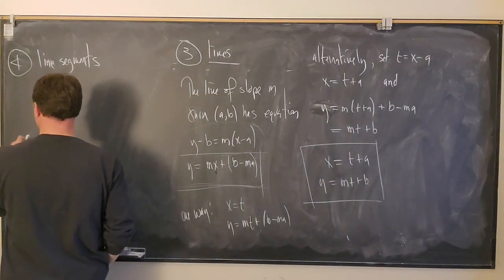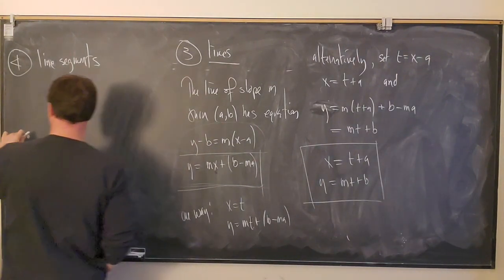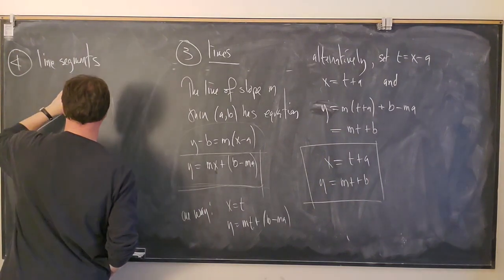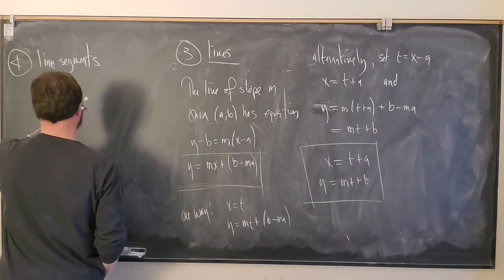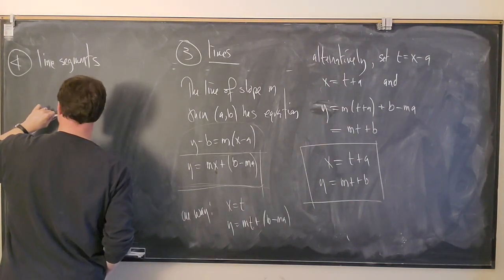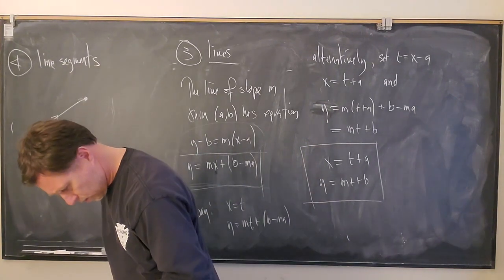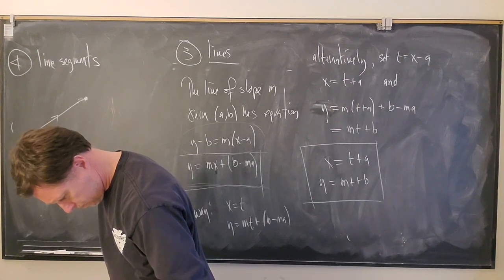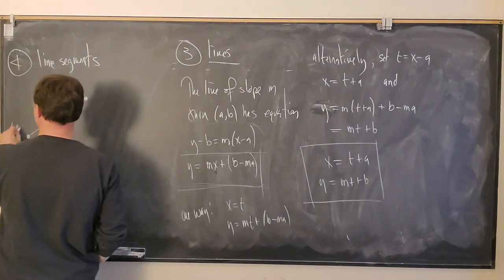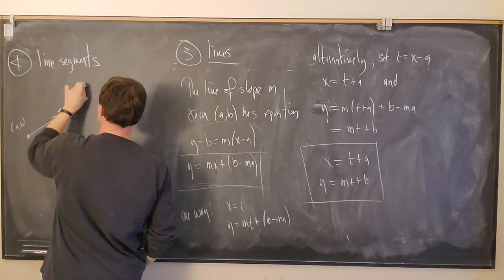Let's say that I have a couple of points here, and I want to parameterize the line segment, and I get a sense of direction also. So let's call the starting point (a, b), and the ending point (c, d).